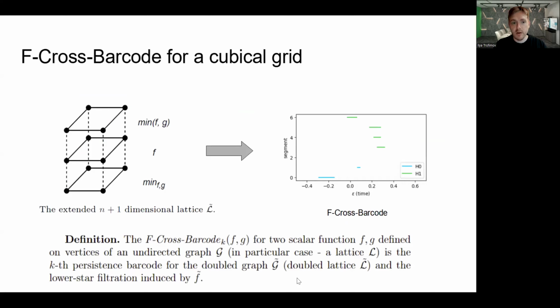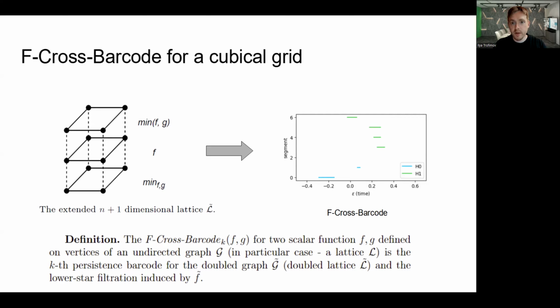By definition, F crossbar code of two scalar functions f, g defined on vertices of an undirected graph G, or in particular case a lattice, is the persistence barcode for a doubled graph or doubled lattice, and the lower star filtration induced by the vertex function f tilde, which was defined on the previous slide.